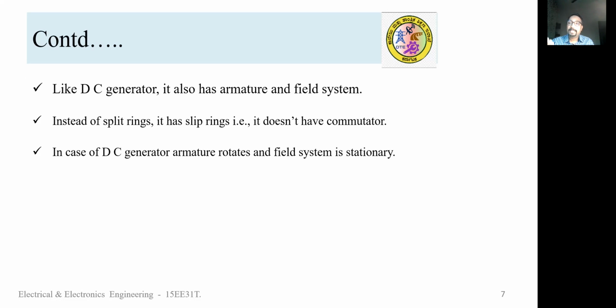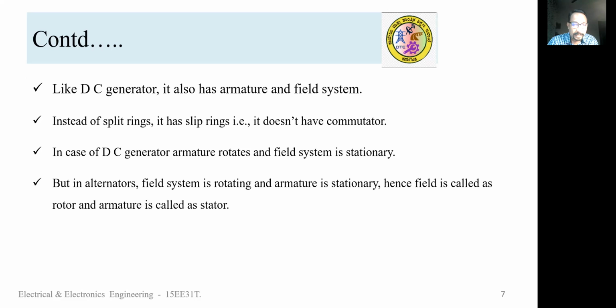But in an alternator, the armature or the conductors are stationary. And in a DC generator the field system is stationary, but in an alternator the field system is rotating. This important point must be noted.